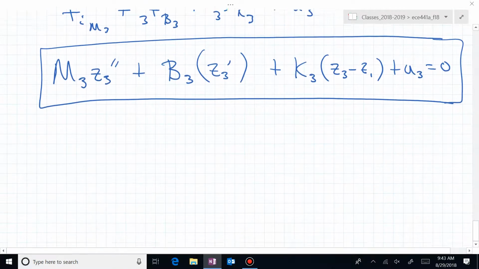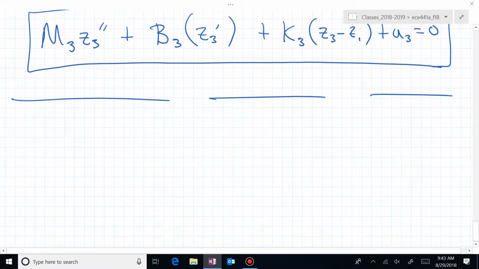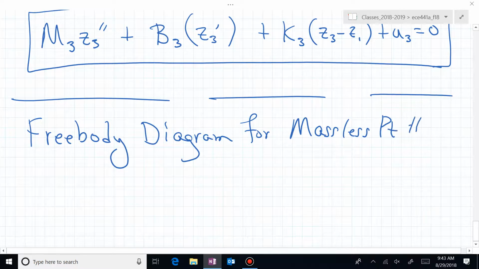Now let's look at the last free body diagram, which is for our massless point, massless point number 4.